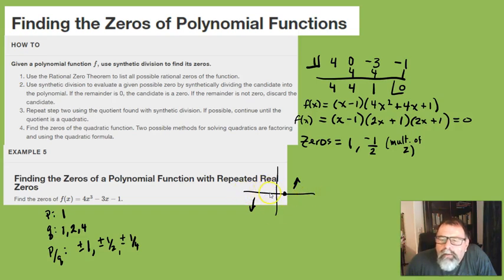Negative 1/2 has a multiplicity of 2, so it's going to bounce. I can figure out what the y-intercept is. Somewhere it's going to bottom out, and it's going to cut through there. So my graph will look something like that, kind of tying together all the concepts we've covered up to now. All right, so let's check on Desmos and see how that works.